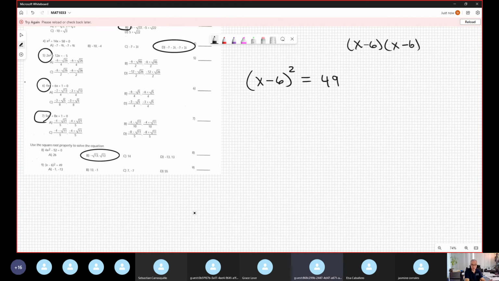This is too long, totally useless. The best way is the square root, because I take advantage of this square. So you apply the square root here, and you know very well that square root and square power cancel each other. And this is the square root of 49, which is 7, but don't forget plus or minus, because you apply the square root method.